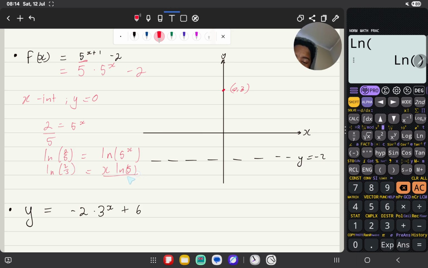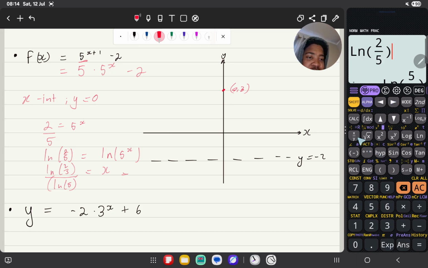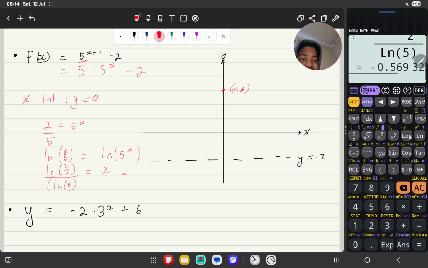And then you divide by ln 5 both sides, and therefore your answer is going to be ln(2/5) divided by ln 5, right? So the answer becomes minus 0.569.